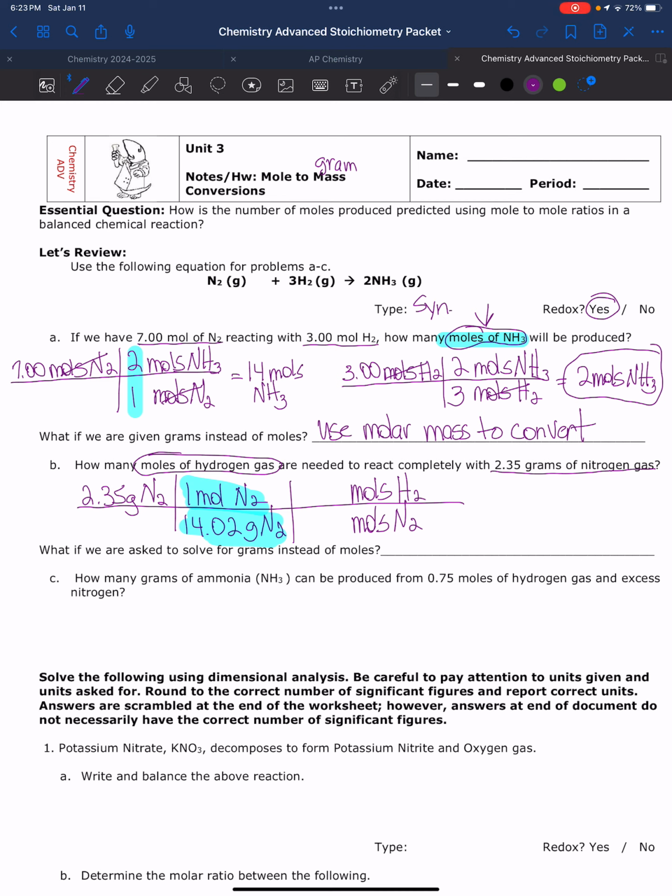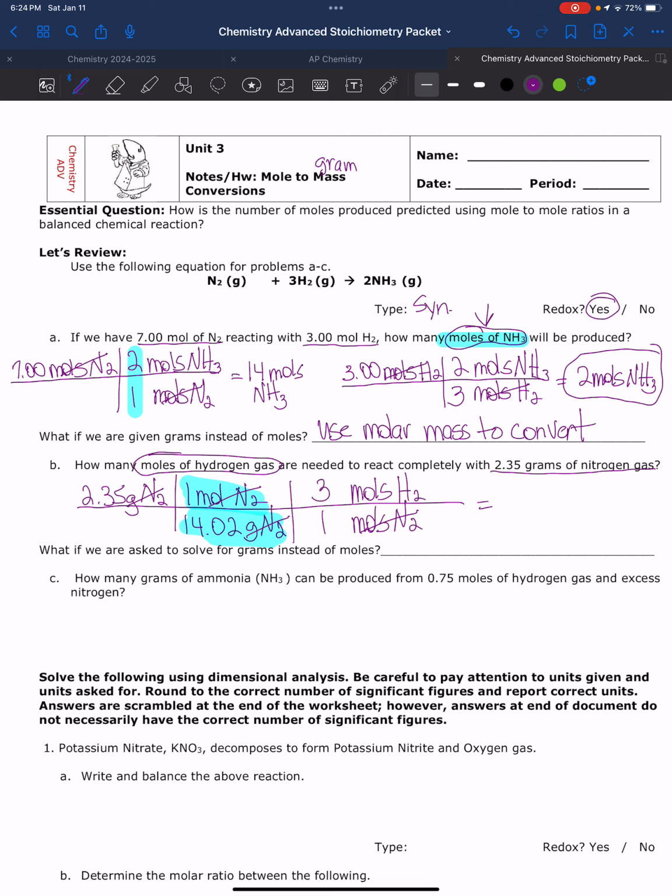The numbers, when you have moles over moles, come from the balanced coefficients. So the coefficient for hydrogen is a 3. The coefficient in our reaction for nitrogen is a 1. So grams of nitrogen cancels, moles of nitrogen cancels. All we're left with now is moles of hydrogen, which is what we were asked to find.